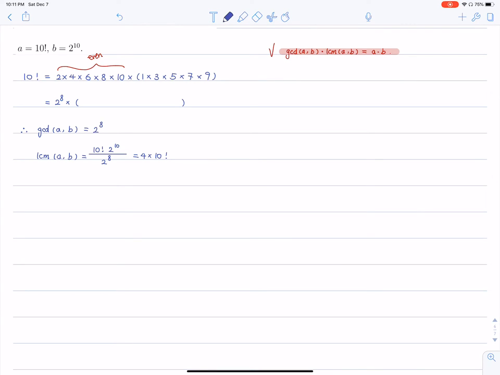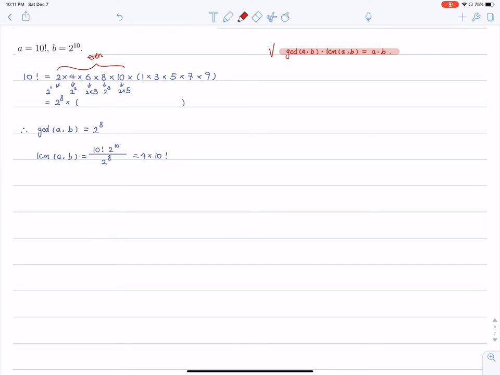I wrote even numbers here. 2 is 2 to the power of 1. 4 is 2 to the power of 2. 6 is 2 times 3. 8 is 2 to the power of 3. And 10 is 2 times 5. So now you know the GCD has to be 2 to the power of something.